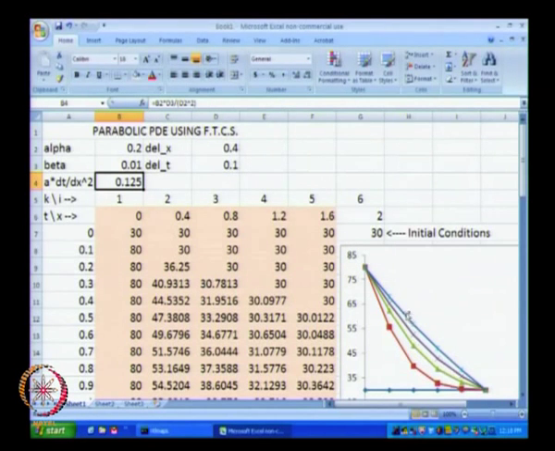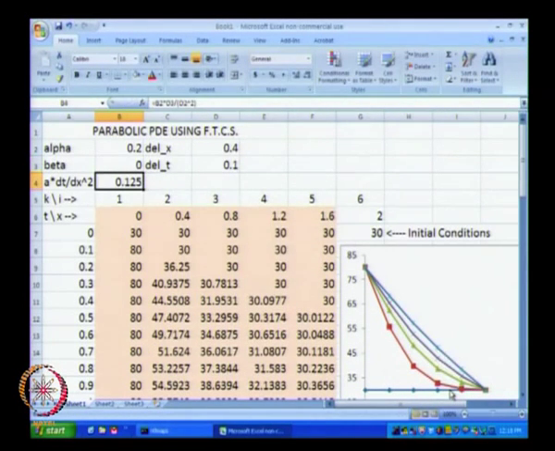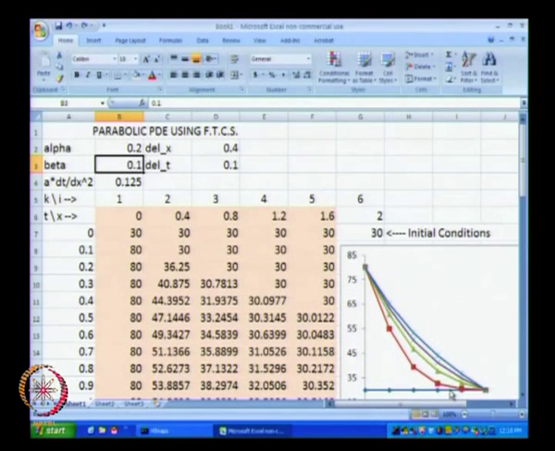Okay, and we see that temperatures have changed very slightly, and then when we change that beta to 0.1, we find that the temperatures have changed quite a bit again. Okay. So, when beta was equal to 0, this was what the temperature profiles were. When we had changed beta to 0.1, this is what the temperature profiles are.